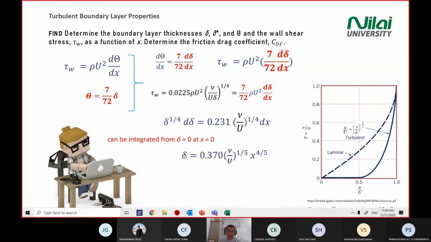So we have our delta equal to this equation.